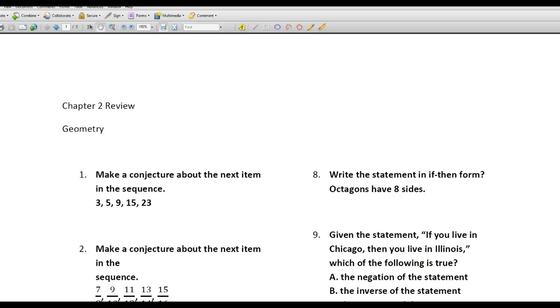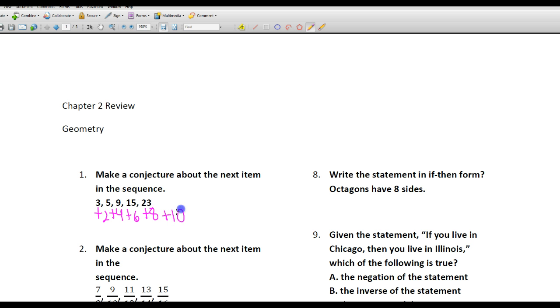Okay, this is the Chapter 2 review. On number 1, make a conjecture about the next item in the sequence. So the next item in the sequence would be, let's see, 3 plus 2 is 5, plus 4 is 9, plus 6 is 15, plus 8 is 23.